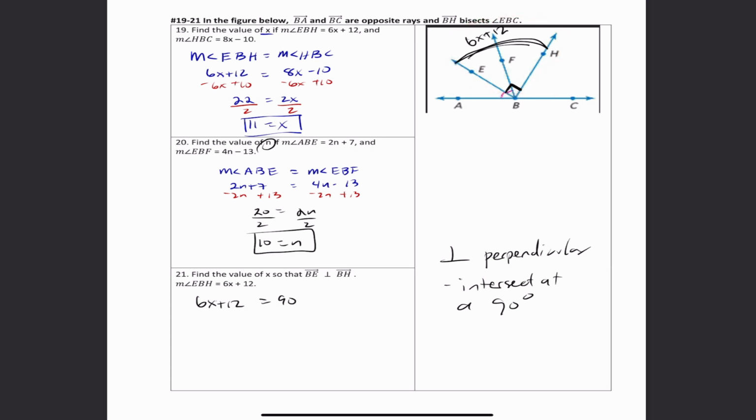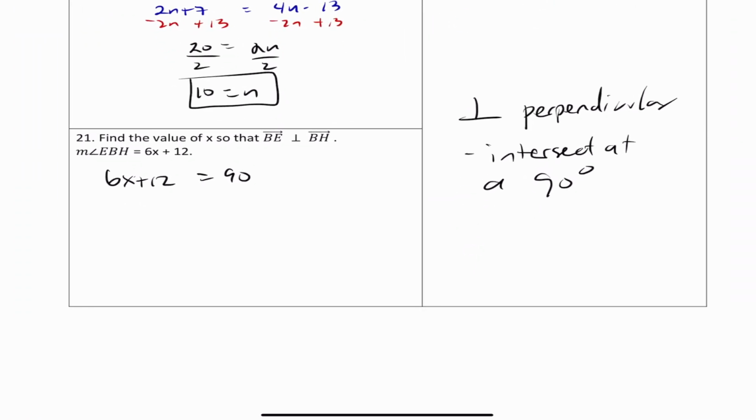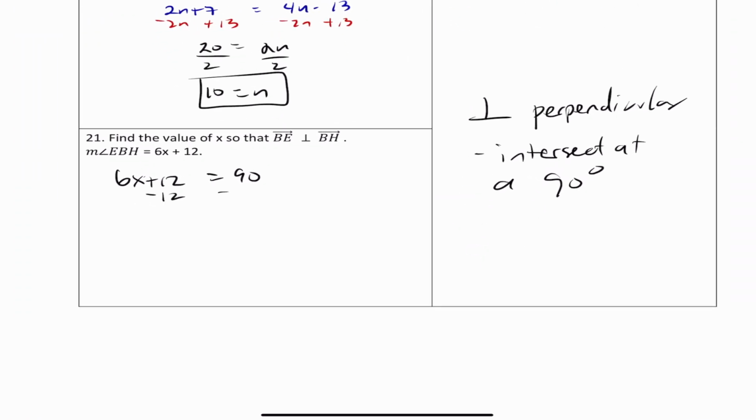Remember, it's super important that you label your picture so you know how to set up the problems, okay? Minus 12, 6x equals 78. So if I divide, I get x is equal to 13. Okay? Again, I'm just solving for x. I don't necessarily need to do anything else.